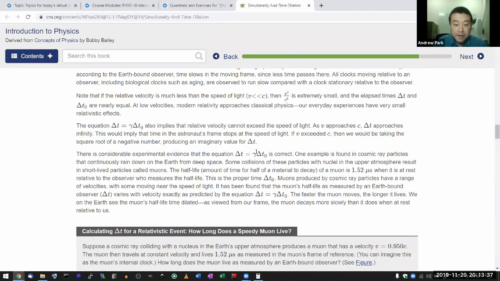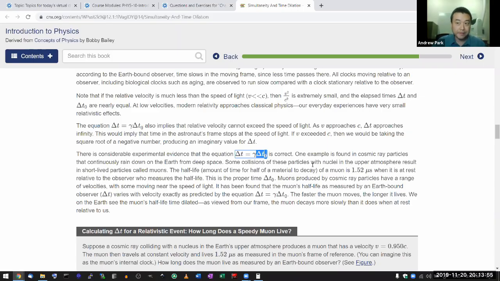If you have something that takes delta t naught in its own rest frame, then the amount of time it takes in another reference frame where the thing is moving is the dilated time. That's the Lorentz factor times delta t naught.